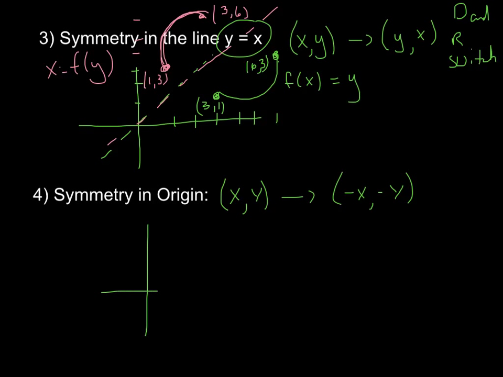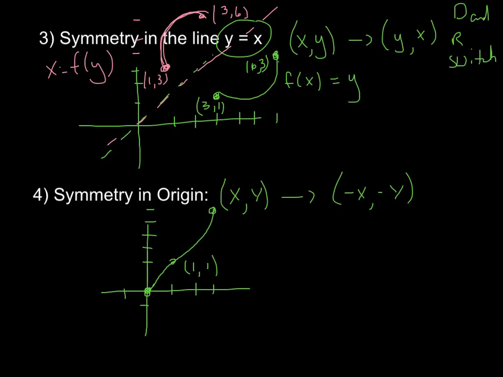So check this out. Here's your original graph. 0, 0, 1, 1, and 3, 6. So it kind of does a curve. You see that curve? It's kind of tough to tell, but that's what it does. Okay, so we're going to take 1, 1, and what's it going to become?